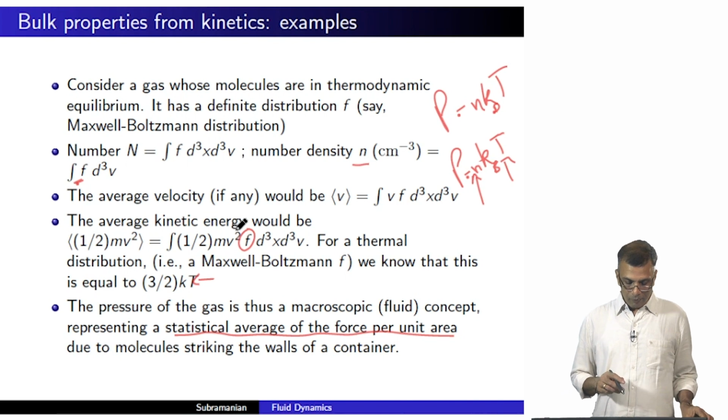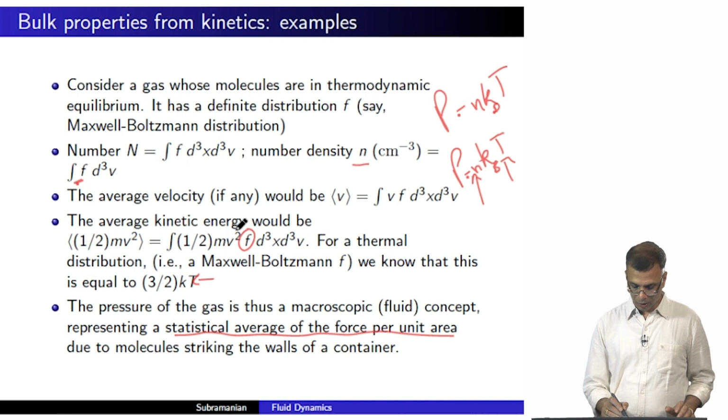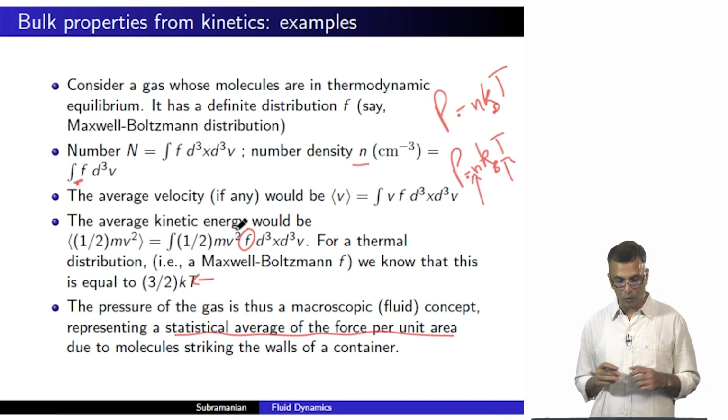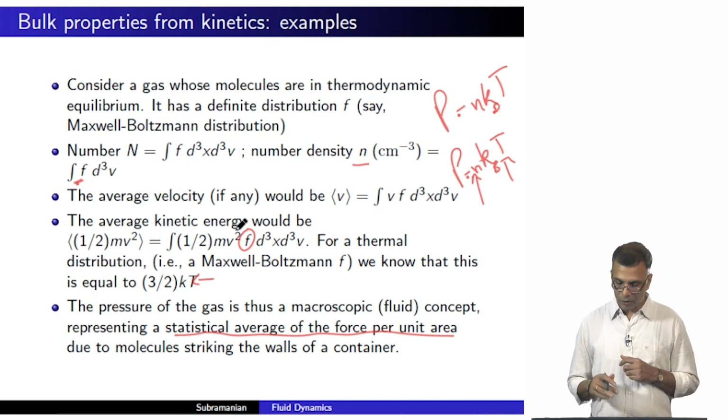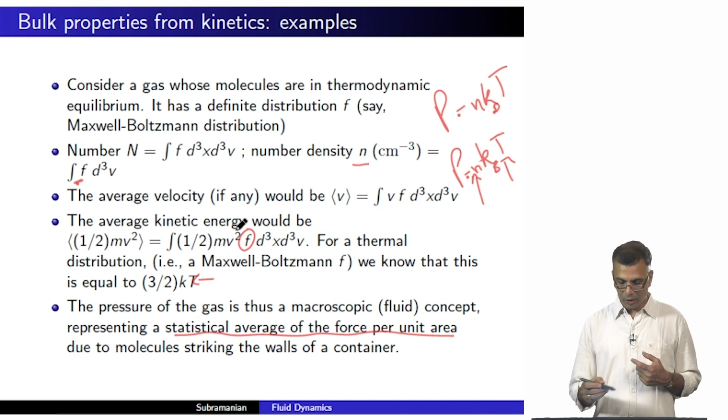So you see, the pressure of a gas, which essentially represents a statistical average of the force per unit area due to molecules striking the walls of a container, is really a macroscopic concept, and it is related to these two macroscopic quantities, density and temperature, and it can be linked to the microscopics in this way.